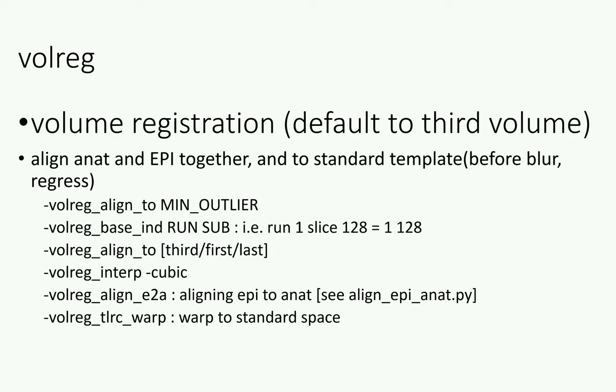So the minimum outlier is an example of a time point where you're not bringing up too much chance of over-interpolating and over-moving your data. But there are other choices in which you can align to. And here, the actual guts of this is done within align_epi_anat, a Python script. A lot of the help and a lot of the features that you'll be applying in there, you can look up in that Python script to make sure that you're doing it as you wish.